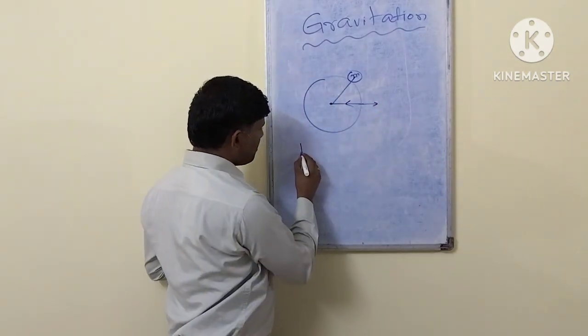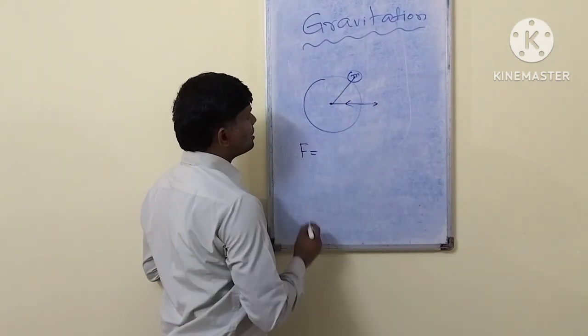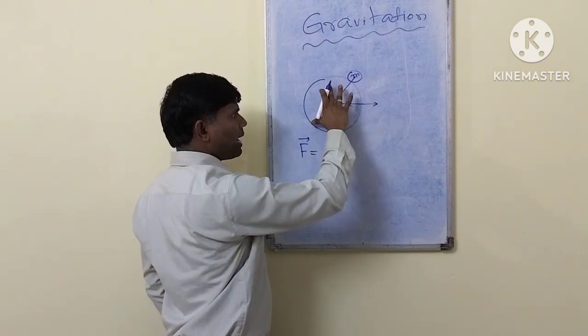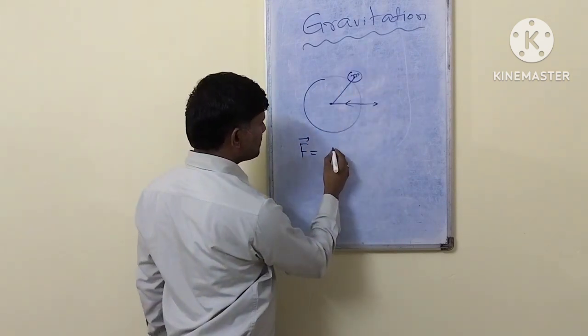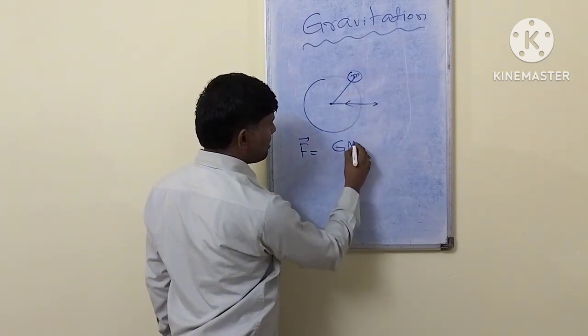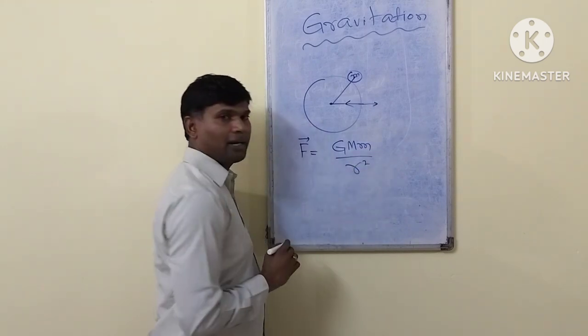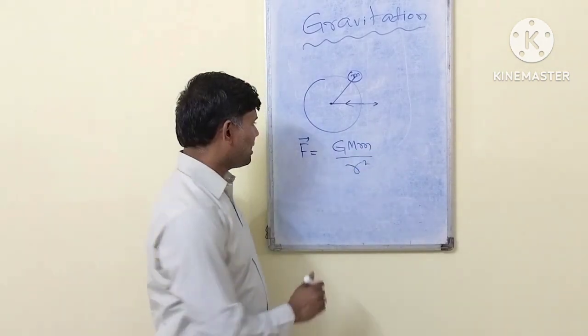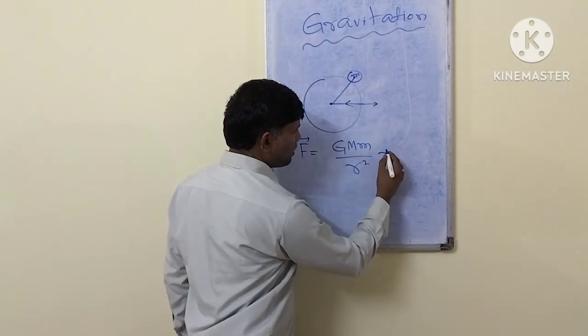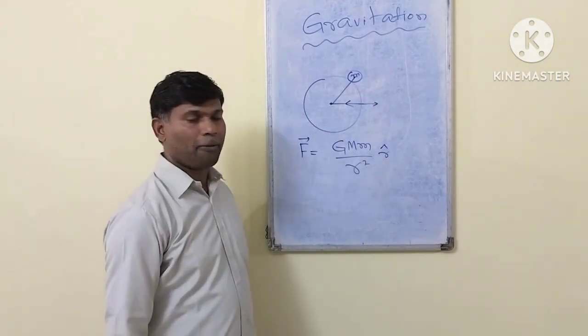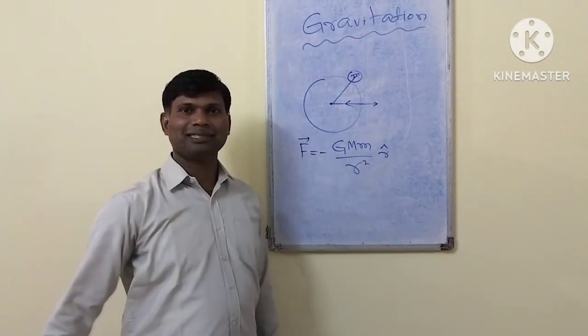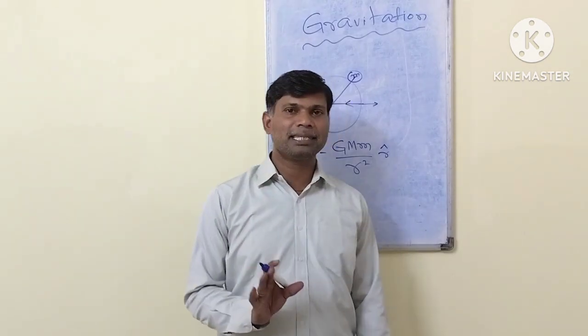So the attractive force between earth and my mass is capital G, capital M, small m by r square. Here you should write one unit vector r cap, with a minus. Why minus?